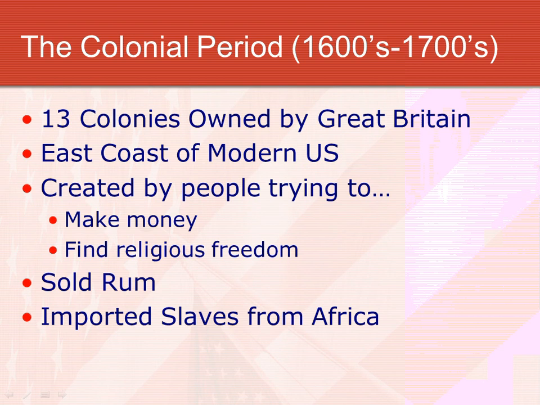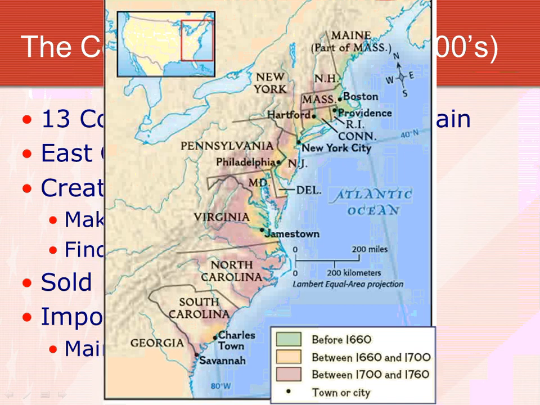Most of the slaves went eventually to the southern colonies. Maryland, Virginia, the Carolinas, Georgia. Now, if I bring up a map, there are the 13 original colonies.